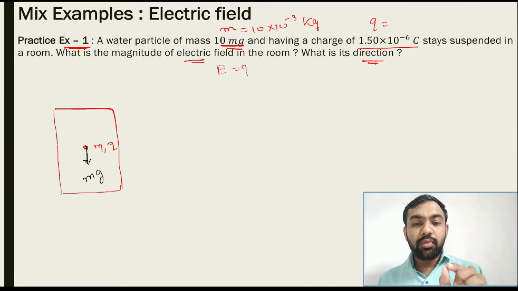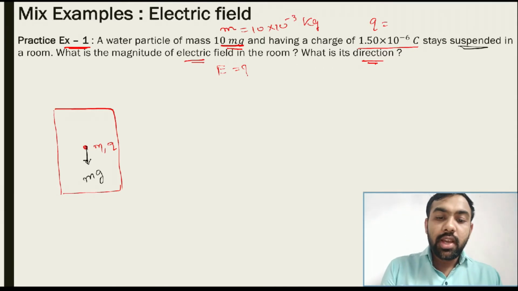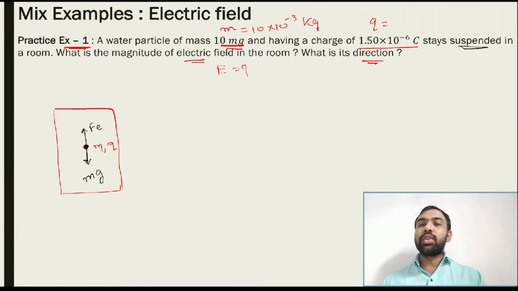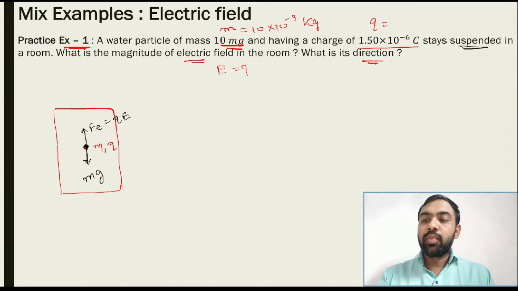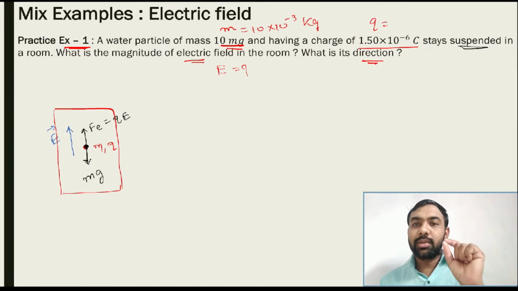If this water particle is at rest, in equilibrium, suspended in room, then another force is required in the upward direction. So the only possibility is Fe, electrostatic force, which is QE. So the electric field must be applied in the upward direction so that this particle comes to rest, meaning this particle is in equilibrium.